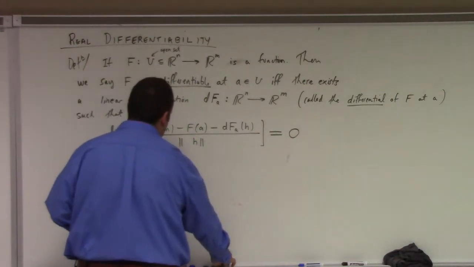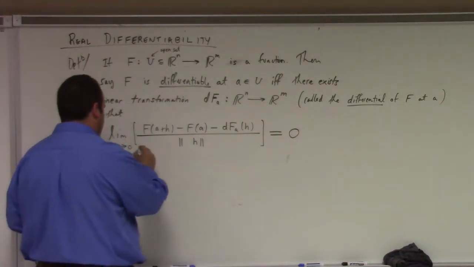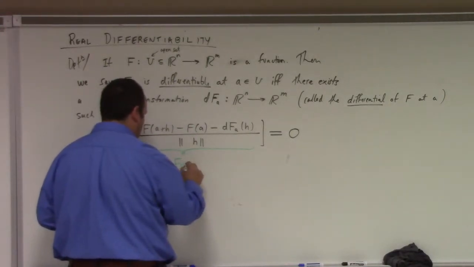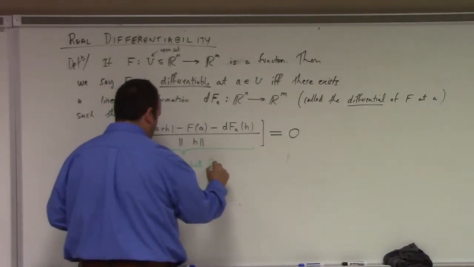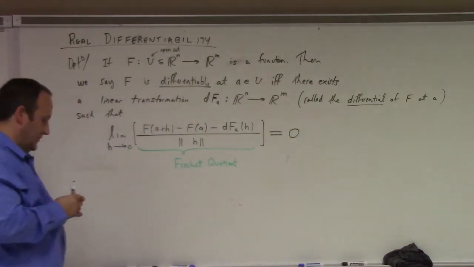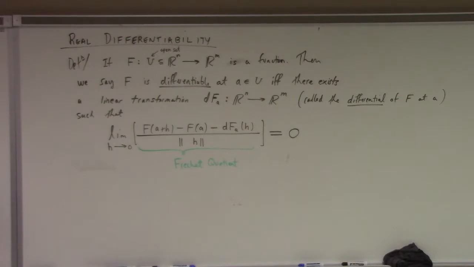So some terminology while I'm at it. This right here, guys, is the so-called Frechet quotient. In other words, we can say the function is differentiable if its Frechet quotient limits to 0, given the appropriate differential.